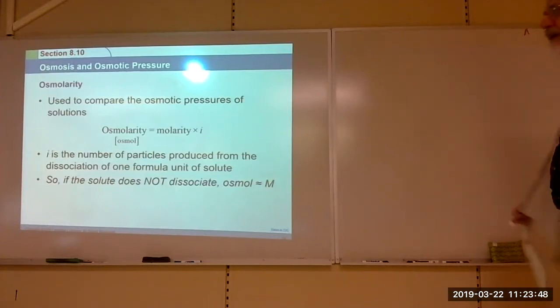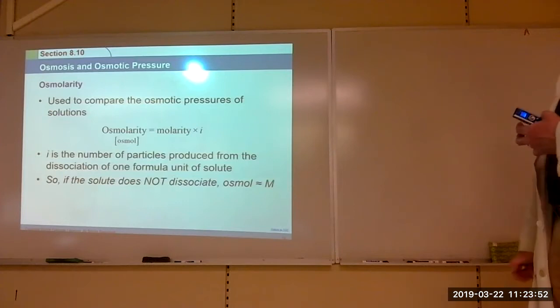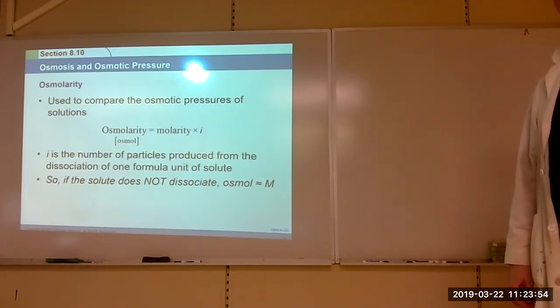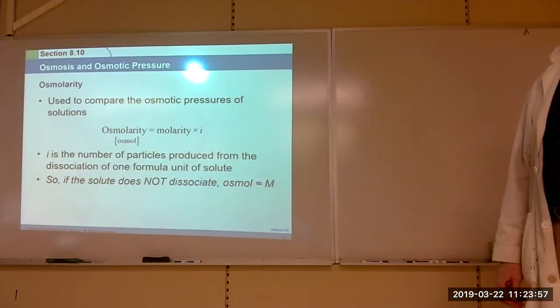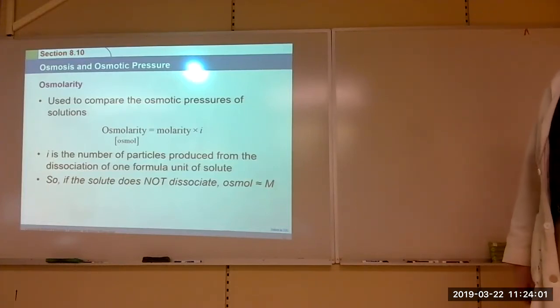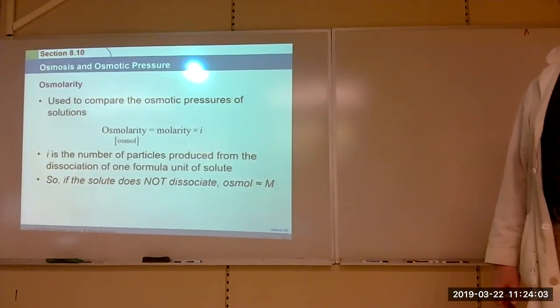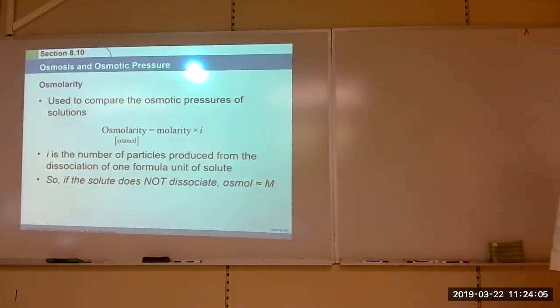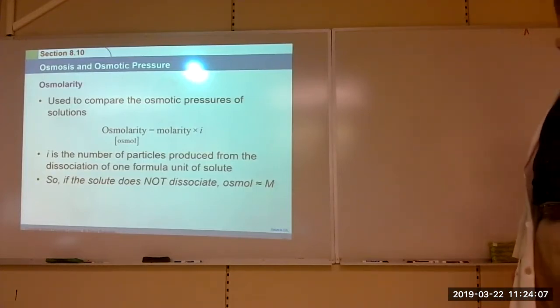All right, there's another term, osmolarity. Molarity we know is moles per liter. But osmolarity takes into account the effect of what happens to the solute when it goes into solution. Right?